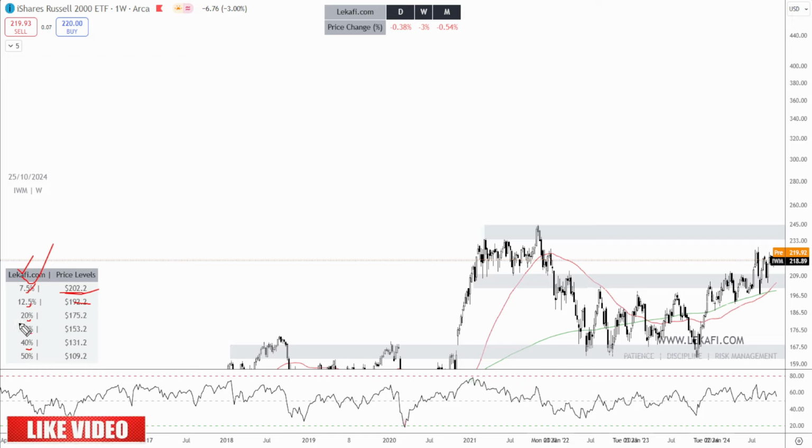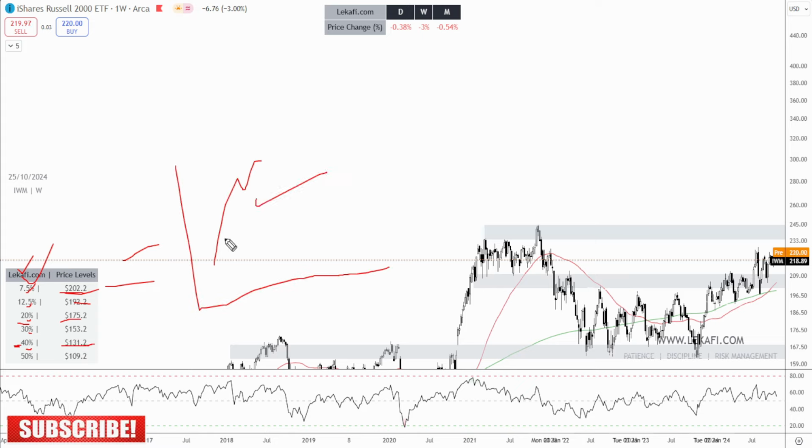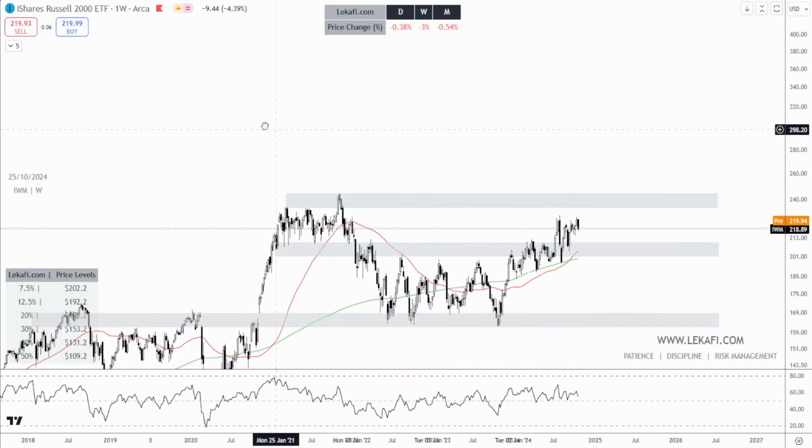If I think it's going to drop 20%, I need to make sure my strike price is below, or above, depending on whatever strategy I might be trading, at 175. If I think the stock's gonna drop 40%, this is where the stock price is going to be. If I'm selling a cash secured put, I need to have my strike price below 131. Okay, and so on. This is just to show you what I do myself.